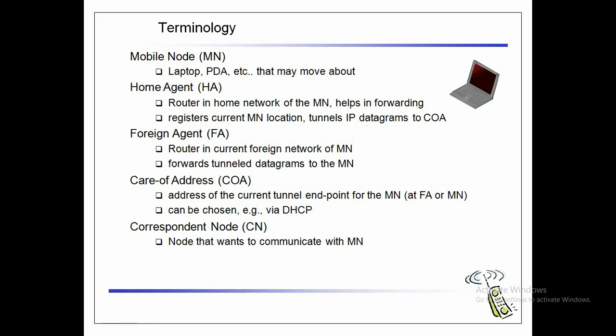The home agent can be implemented on the router that is responsible for the home network. This is obviously the best position because it requires no changes to the router operations related to mobile IP. One disadvantage of the solution is the double crossing of the router by the packet if the mobile node is in a foreign network.